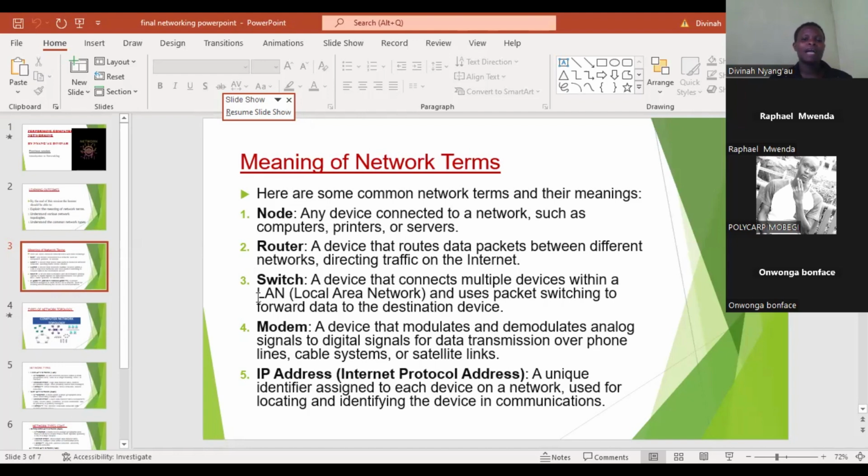We have an IP address, which is known as an Internet Protocol address. This is a unique identifier assigned to each device on a network, used for locating and identifying the device in communication.